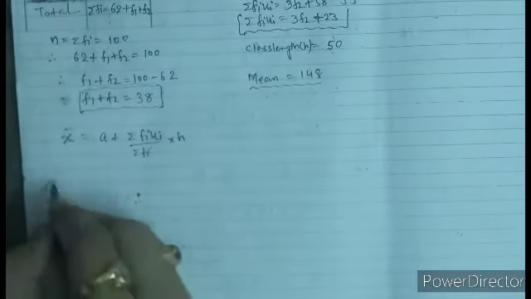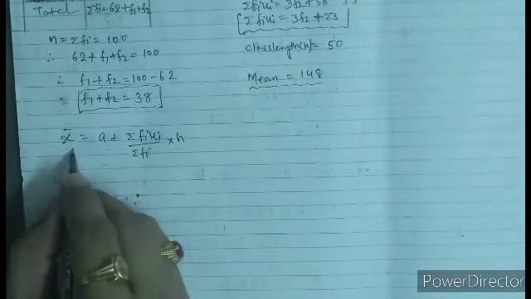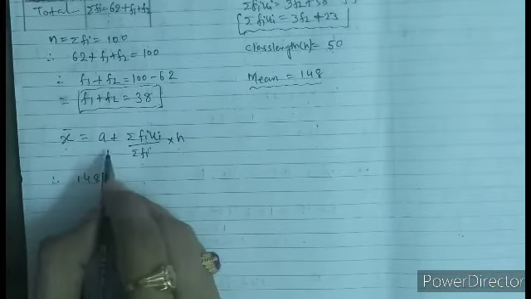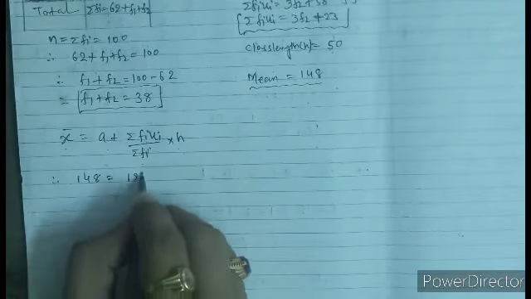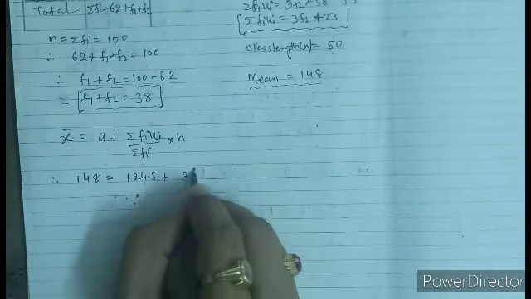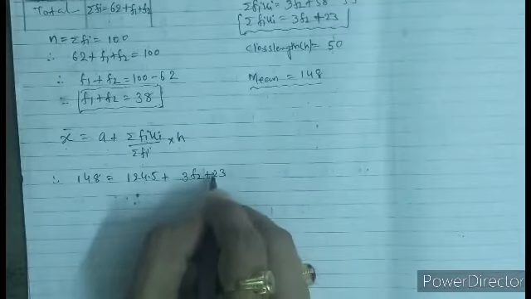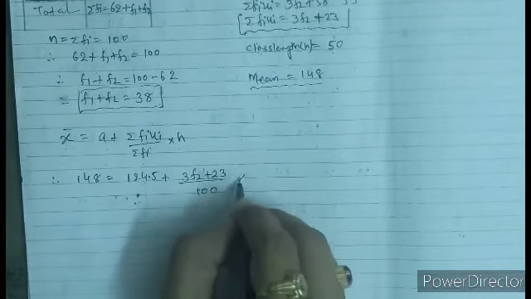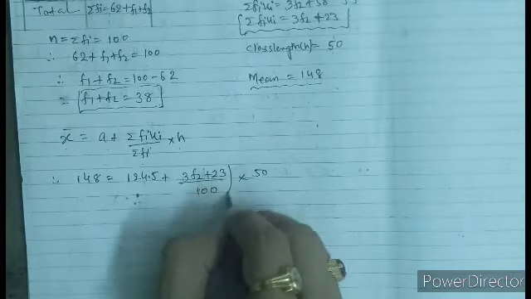So let us apply all the known values. X bar, the mean 148, equals A 124.5 plus sigma FiUi, 3F2 plus 23, upon sigma Fi, 100, multiplied by H, 50.